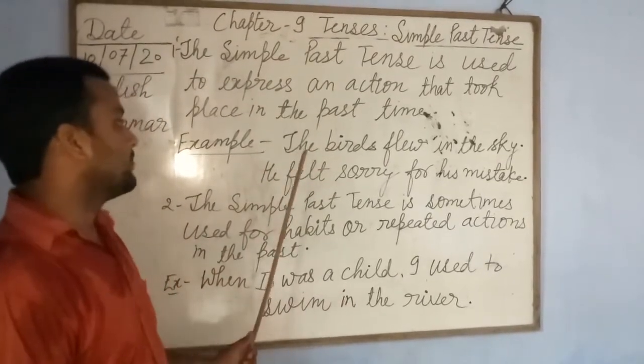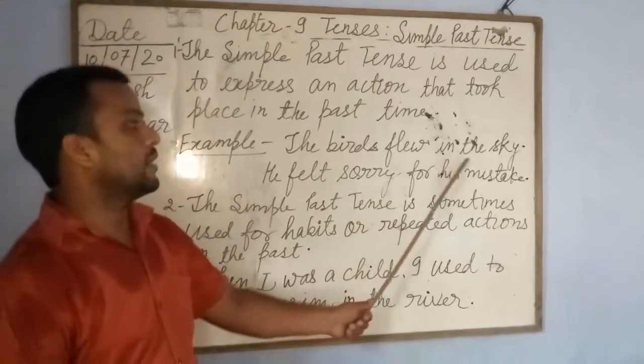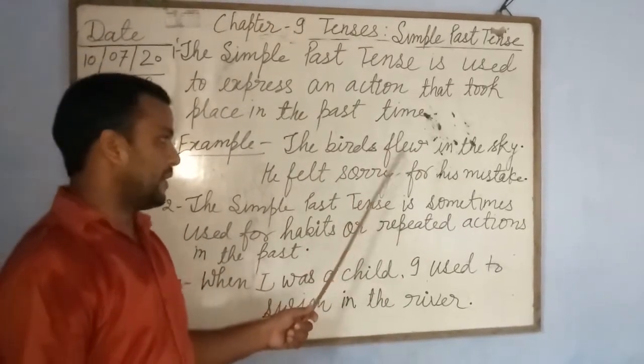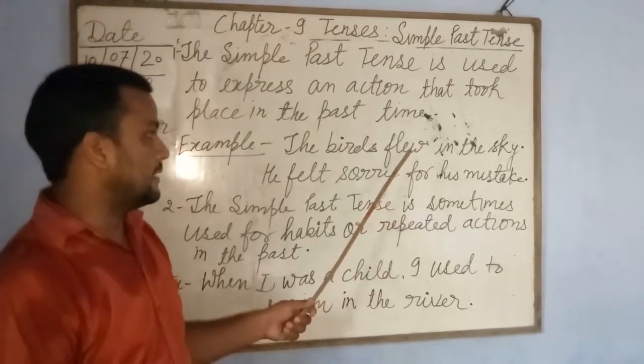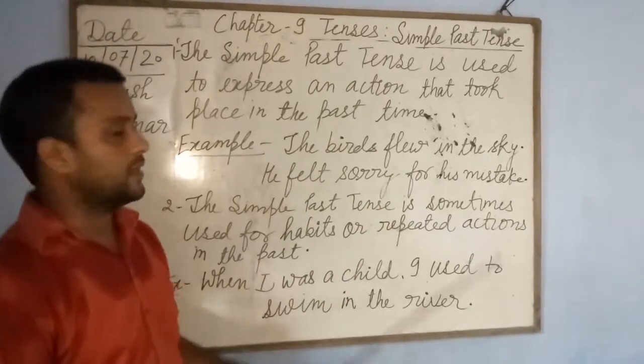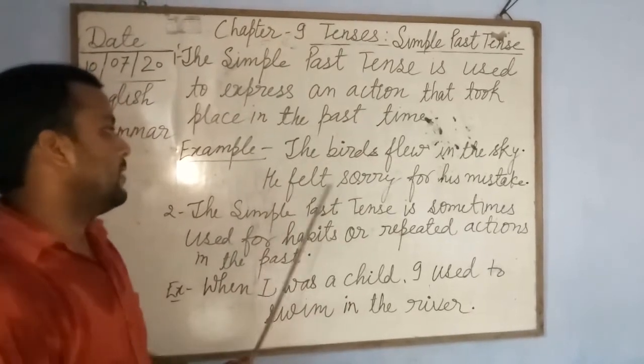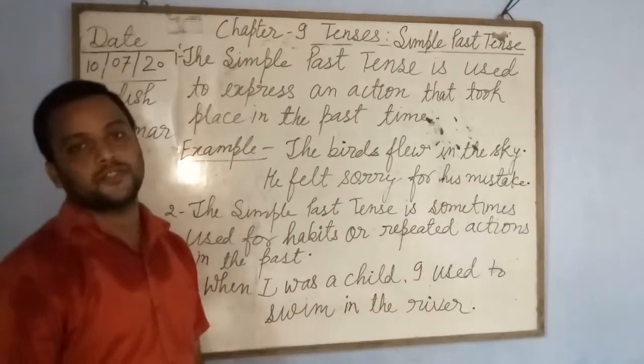For example, the birds flew in the sky. The action of flying by the birds is indicating the past. That's why we have used simple past tense. He felt sorry for his mistake.